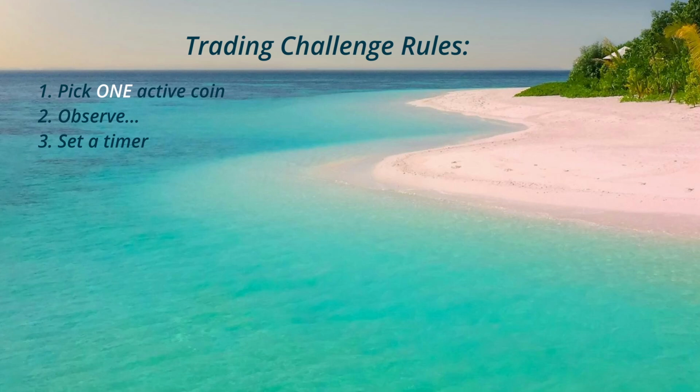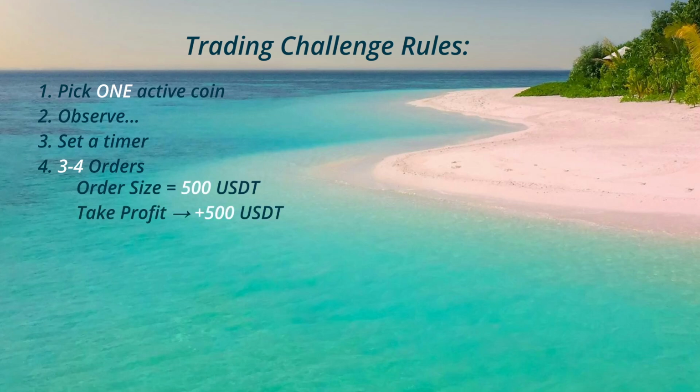Step 4. Place a maximum of 3 to 4 shot orders based on your observations. The starting order size is 500 USDT. After each take, you add 500 USDT to that order size, and after each loss, you keep the same order size. And most importantly, step 5.